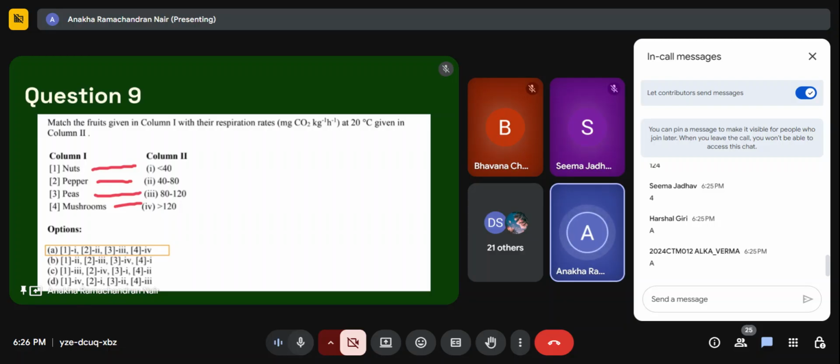So, does anyone have a doubt in this question? No? All right. So, let's move on to question number 10 then.